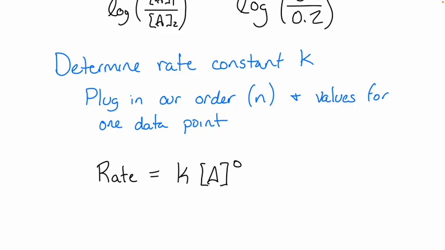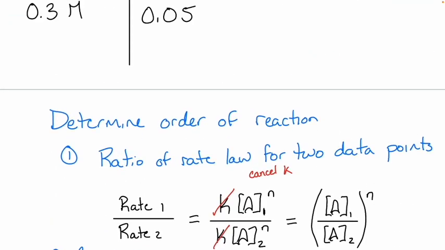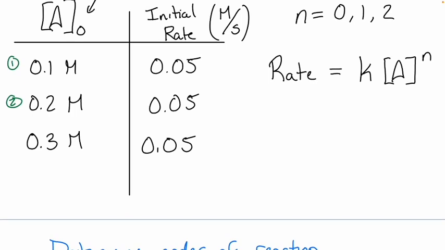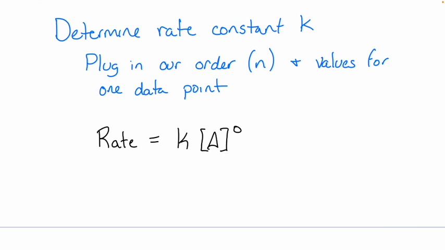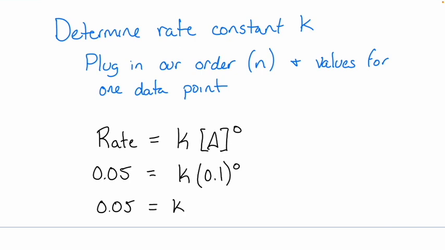So I'm just going to go onto my table and grab one of the values for my rate and one of the values for my concentration of A. It doesn't matter what data point you pick. 0.05 equals K times 0.1 to the power of 0. Again, anything to the power of 0 is just 1. So I get 0.05 is equal to that rate constant K.